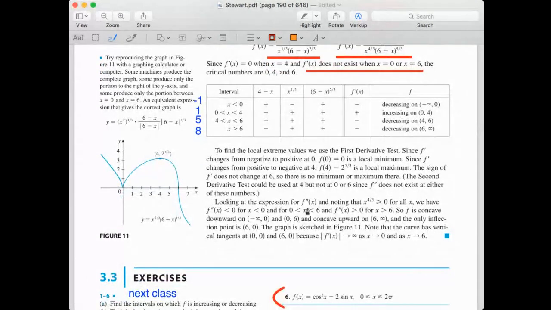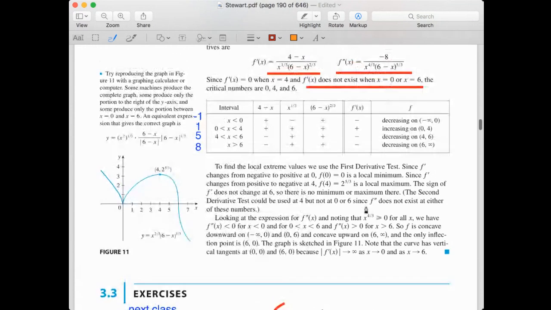See, this is x raised to 4 divided by 3, but the power of x is 4. So even if x is negative, this term is still positive.